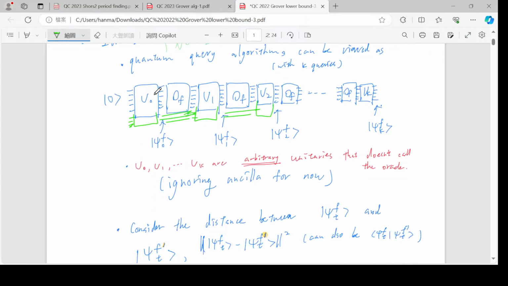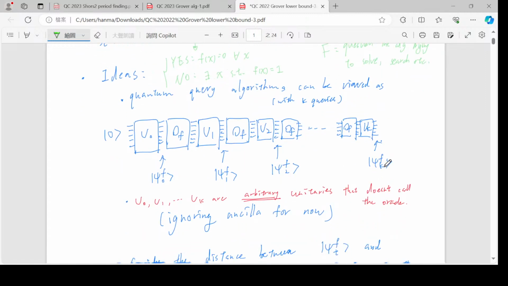But we will ignore this for now and argue that it's okay later. I guess it's not in this PDF, but we'll probably argue it in homework. The important thing for now is that you have unitary, oracle, etc.